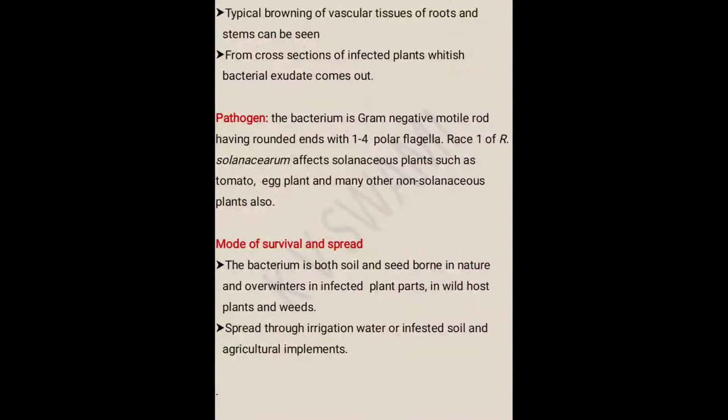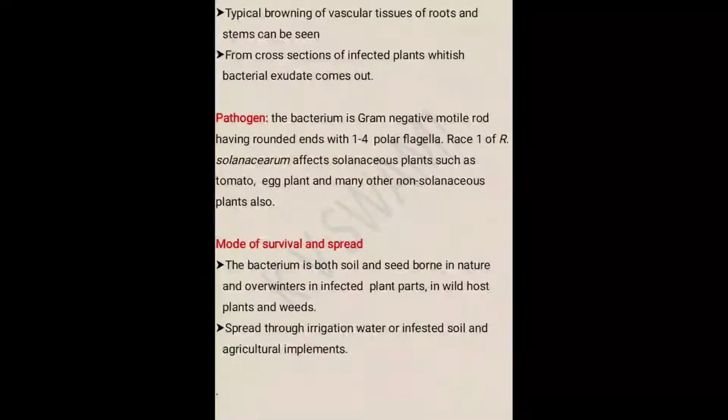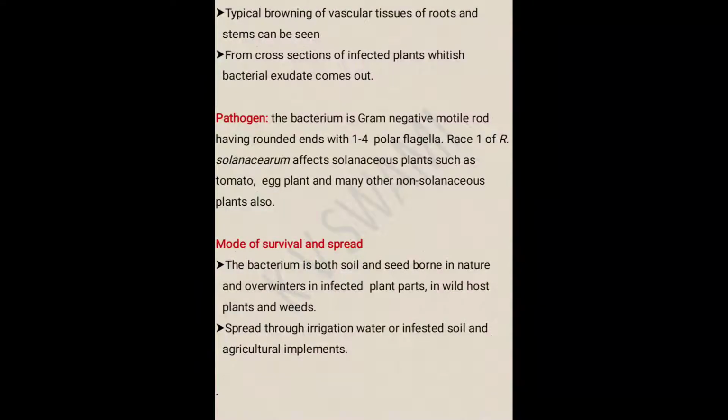Let me discuss regarding the pathogen. The bacterium is gram-negative, motile, rod-shaped, having rounded ends with 1 to 4 polar flagella.